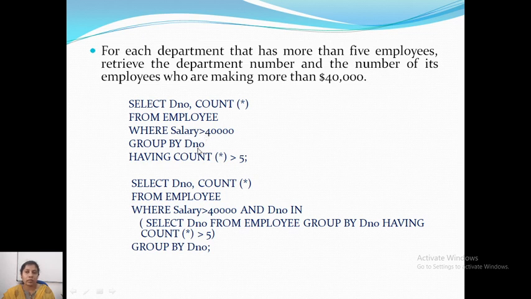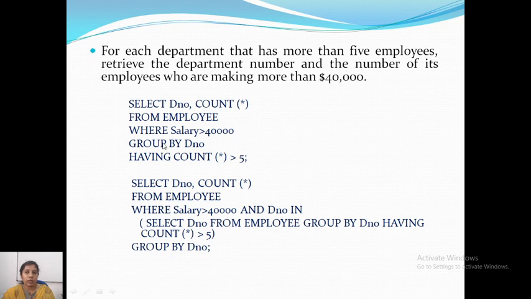Then you are applying the grouping. Whether this is the correct query according to this question: here first I have to see which department is having more than 5 employees, and then I have to check in that department how many employees are making more than 40,000 salary.